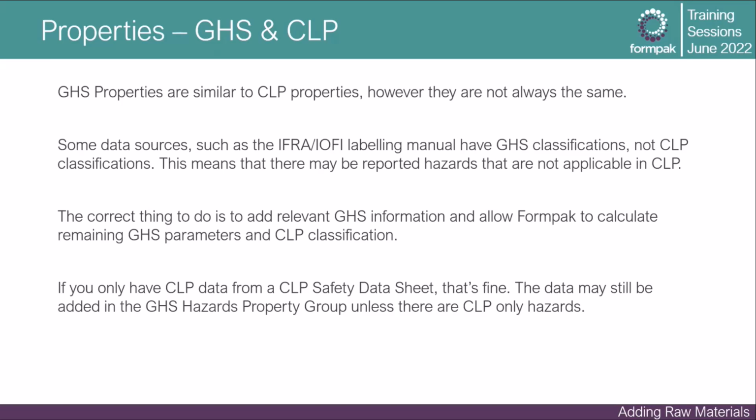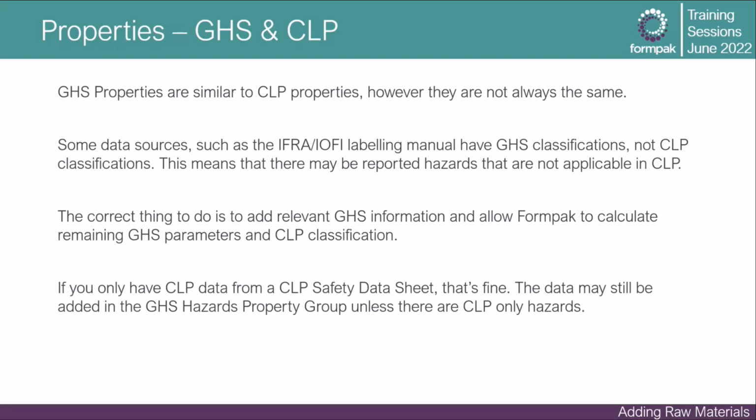Some data sources, such as the IFRA-IOFI labelling manual, have GHS classifications, not CLP, because IFRA and IOFI are global organisations and not limited to the EU. So this means that the labelling manual may contain hazards that are not applicable in CLP.